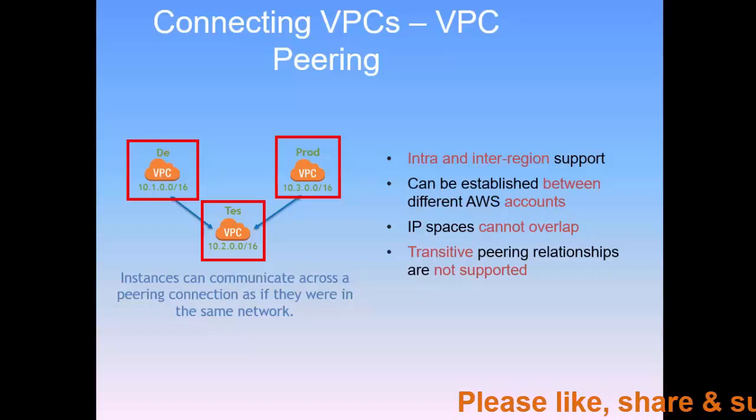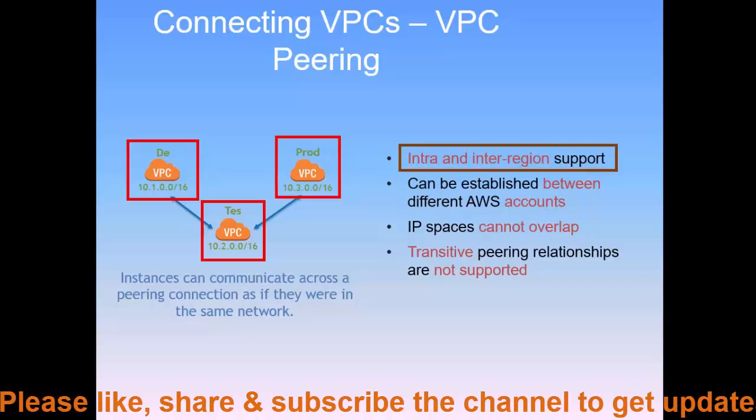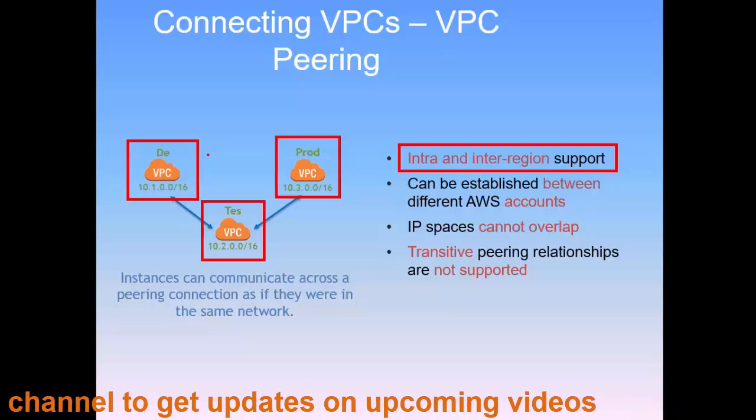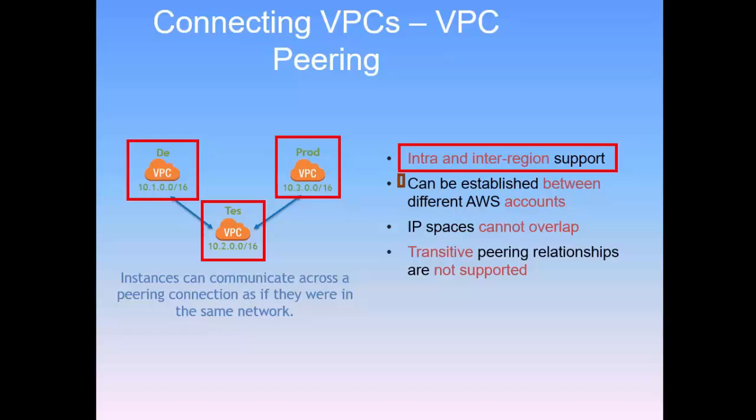So these three VPCs can be intra-region or inter-region, in the same region or in different regions. No problem, you can establish the peering. It can be established between different AWS accounts. Everything is possible. In the next video, when we do the practical demonstration, you will see that.